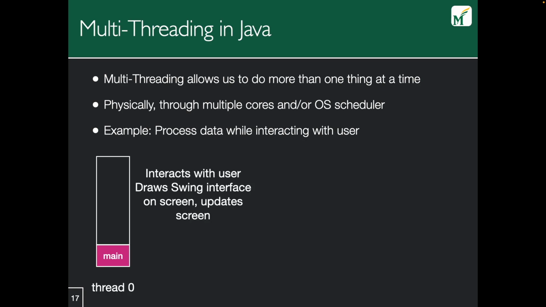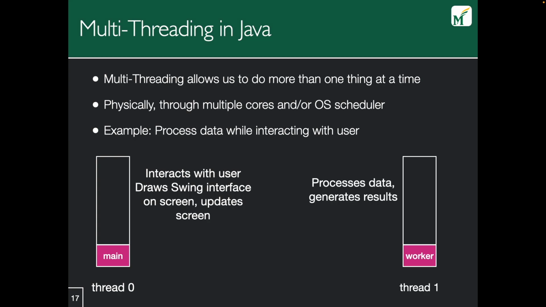The way this works, if you're talking about a UI-based application like we are in this class, is you have some sort of thread that is controlling what's going on with the user interface. If you're building an old school Java Swing application, this is handling drawing things to the screen, updating the user interface, things like this.